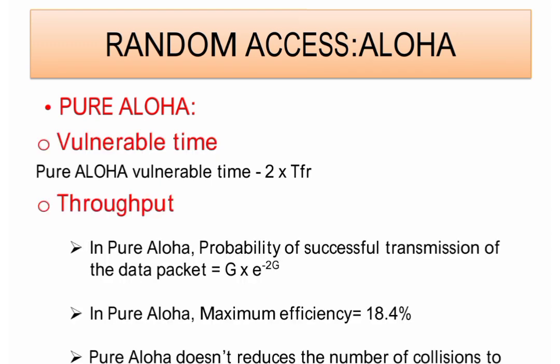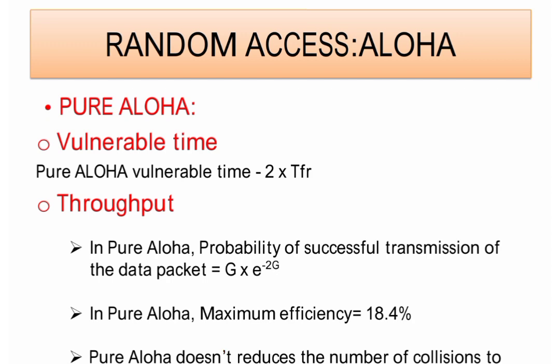And in pure ALOHA, the probability of successful transmission of a data packet is equal to G into e power minus 2G, where G is the average number of frames generated by the system during one frame transmission time. And in pure ALOHA, the maximum efficiency is equal to 18.4%, at G equals 1 by 2.